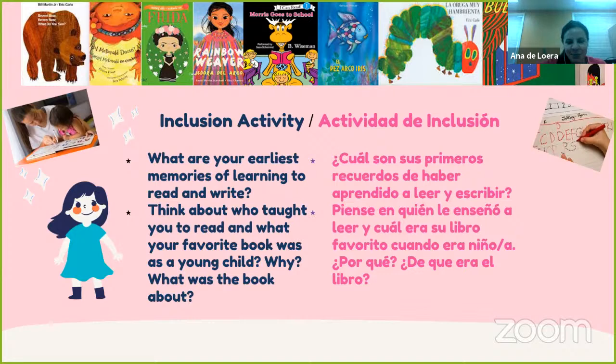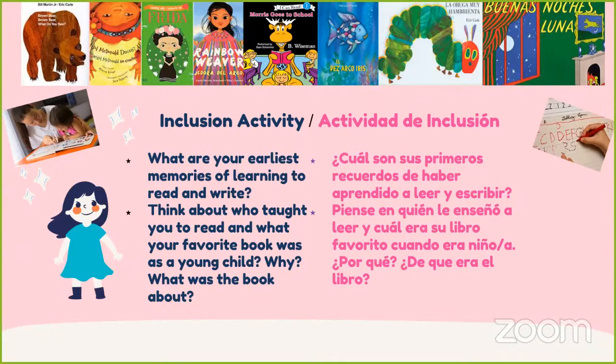Somebody wrote El Silabario. Qué bonito. Syllables, right? A book on syllables. Another parent says she learned to read in school, and she had the silabario.